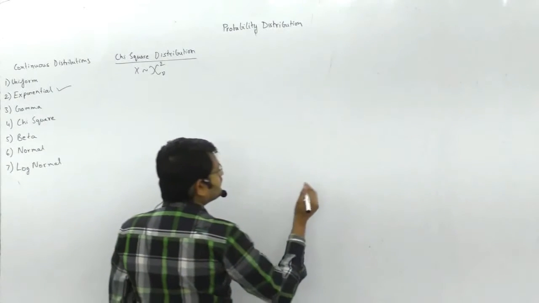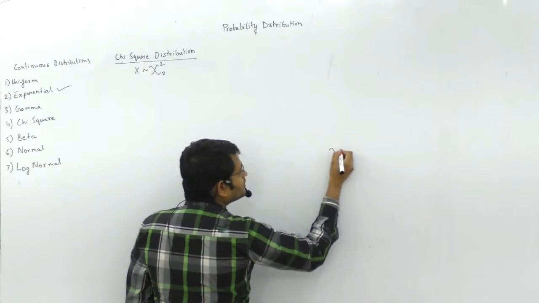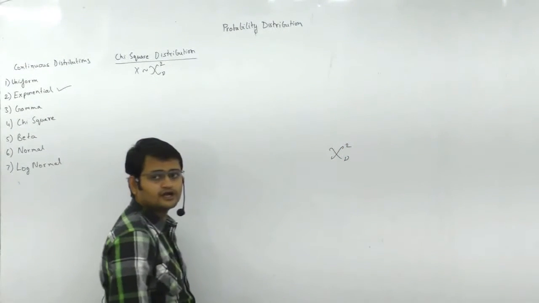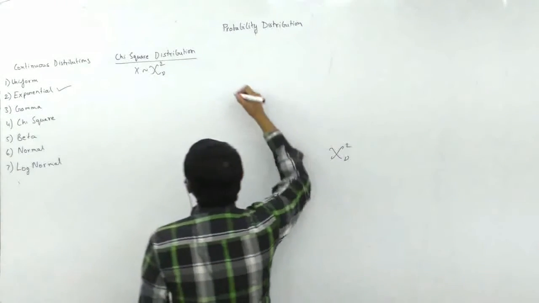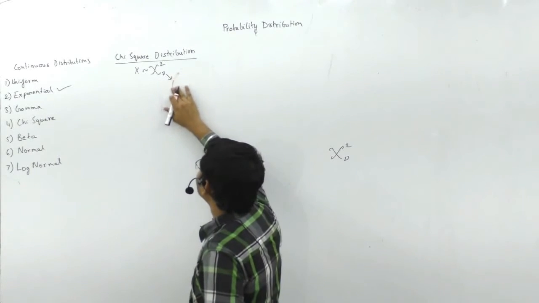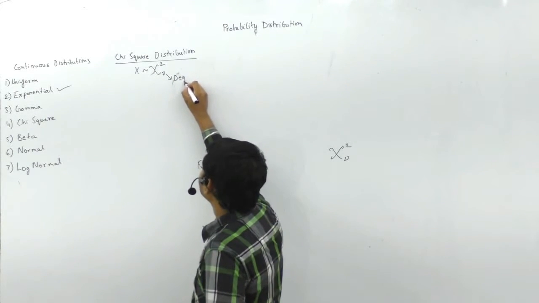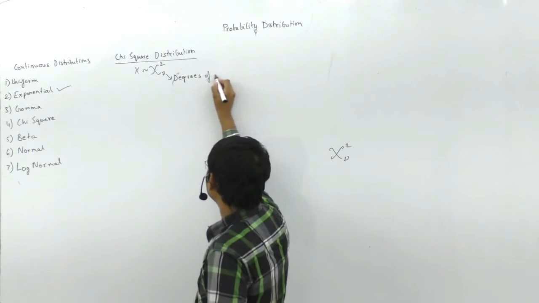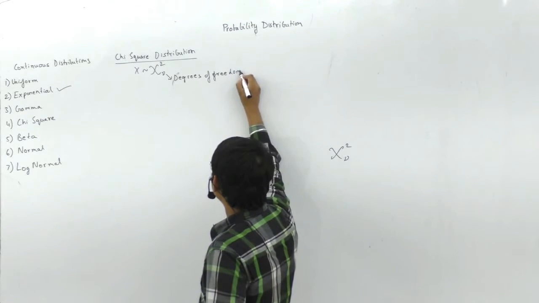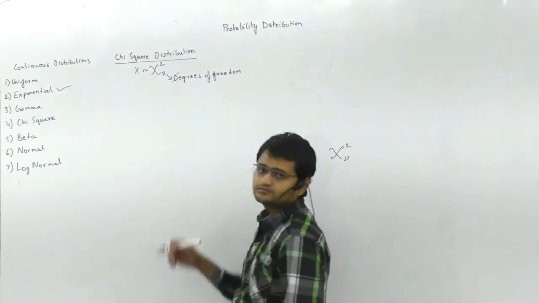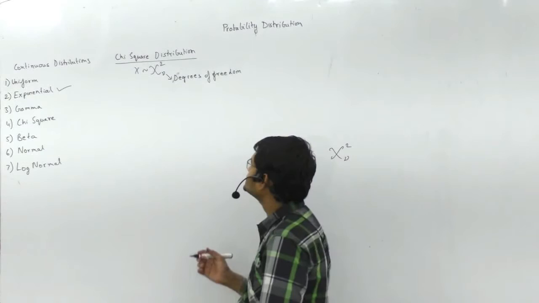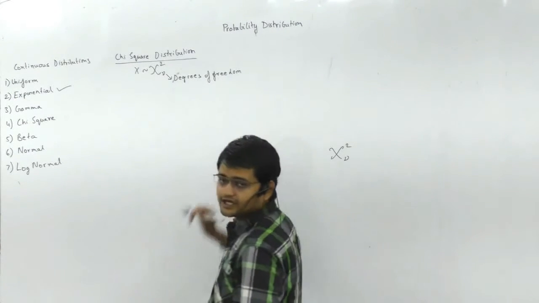So while writing chi-square, you can write it like this, and then this becomes our nu. Now basically nu is nothing but degrees of freedom. Now we'll understand what exactly degrees of freedom is in later chapters. Right now, it's just degrees of freedom.